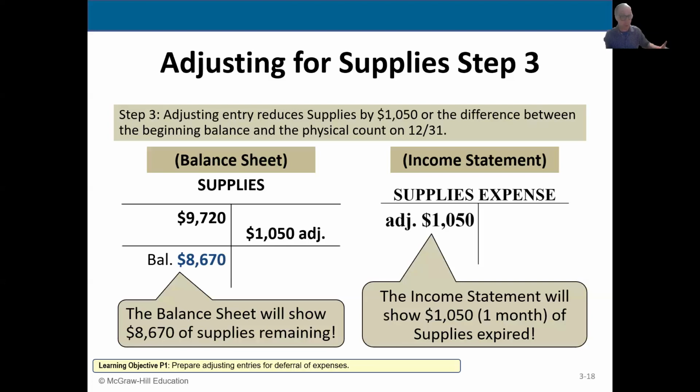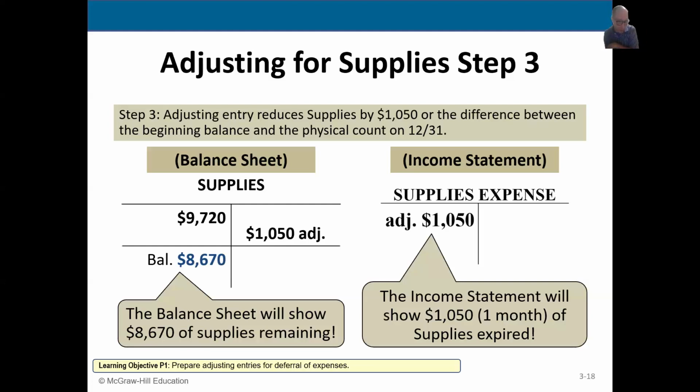We use them to show consumption of the benefit, and according to the matching principle, when that benefit was consumed. The reason why it's important to note the date, December 31st, is that it's the end of the year, the end of the accounting period.